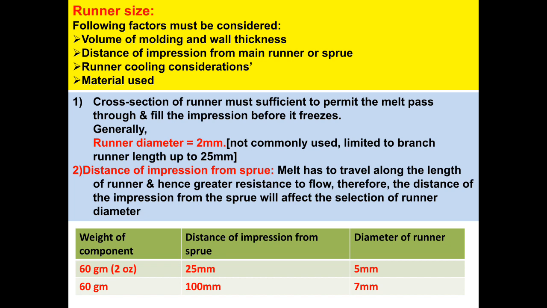So for a 60 gram component weight, with the impression 25 mm from the sprue, the diameter of the runner is taken as 5 mm. The melt has to travel along the length of the runner and hence faces greater resistance to flow. Therefore, the distance of the impression from the sprue will affect the runner diameter.